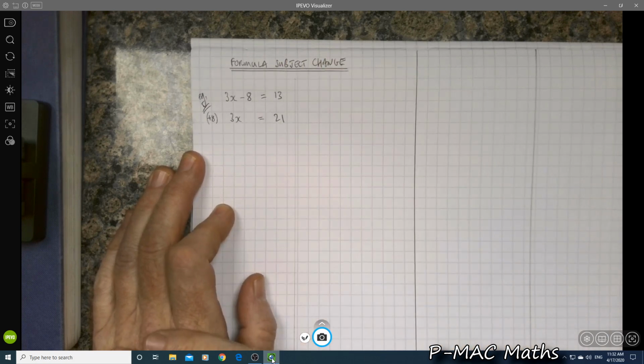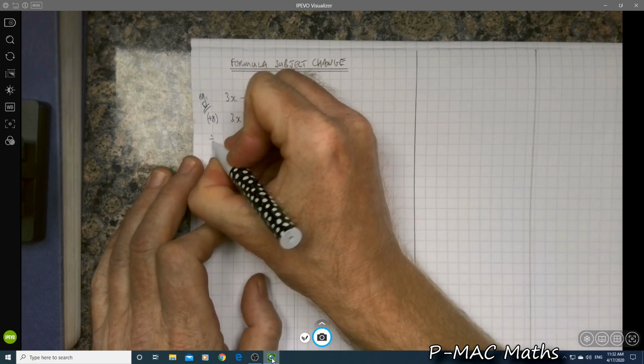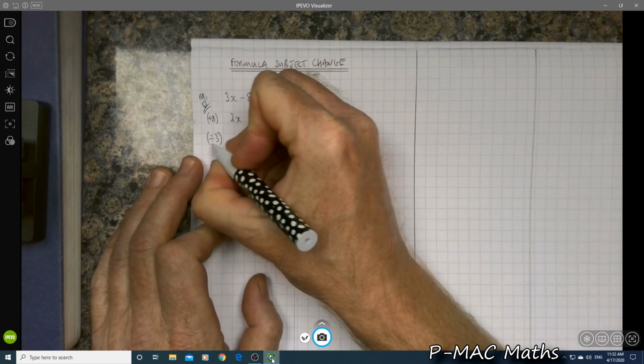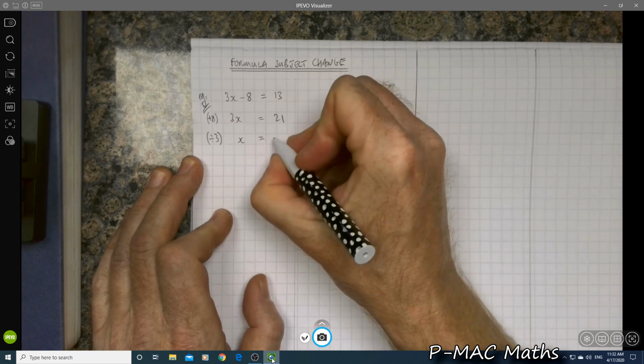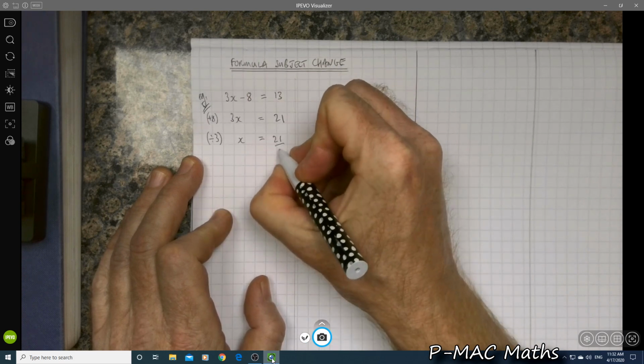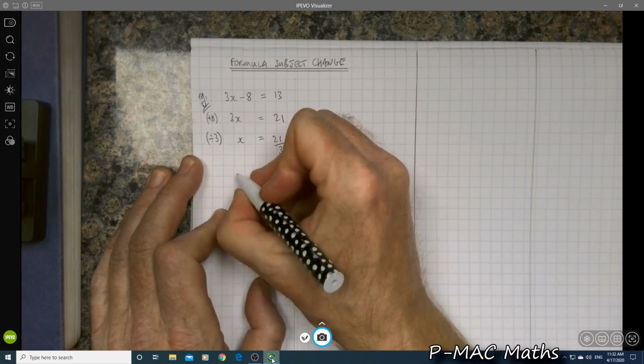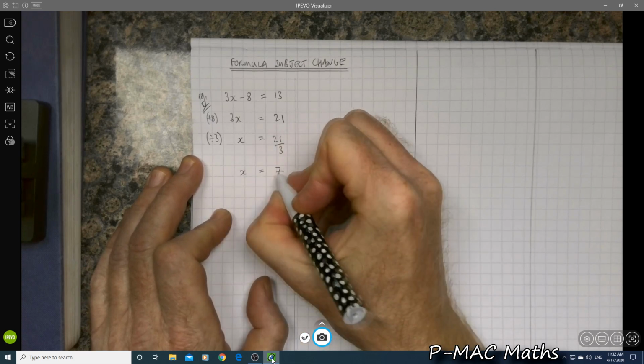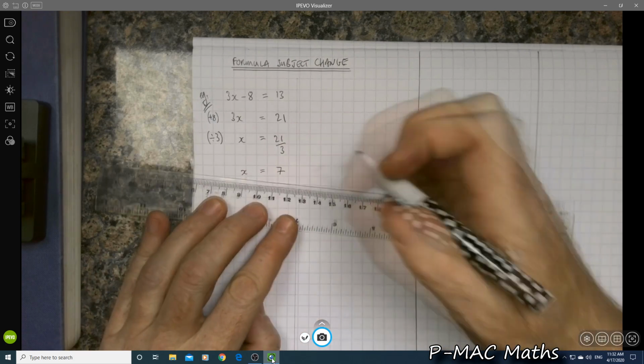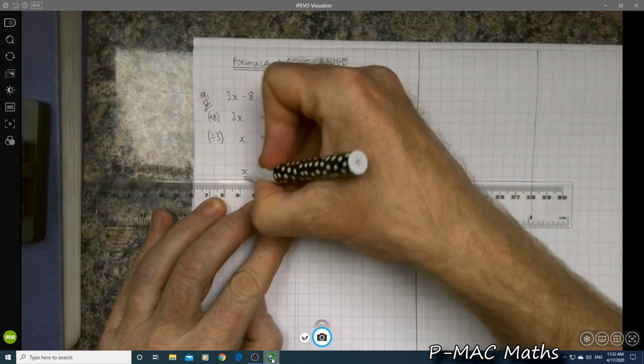And then I can get x on its own by dividing both sides by 3. So 21 divided by 3, and that will come out as 7. Underline my answer.